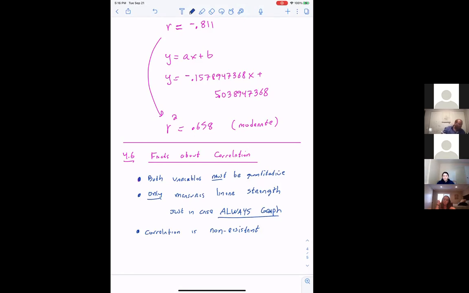And the last one is kind of new. Correlation is not a complete summary of two variable data.